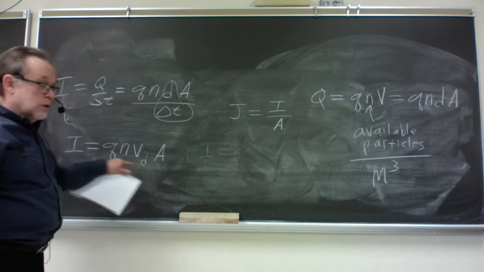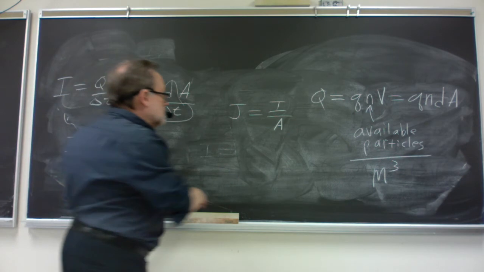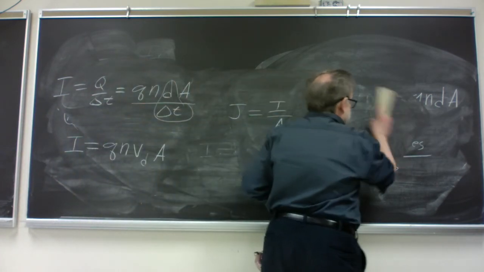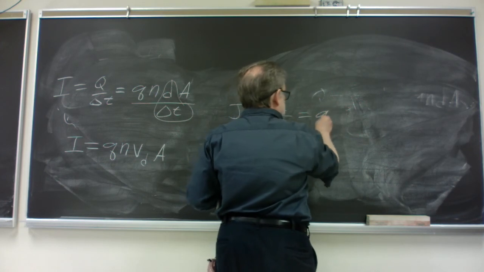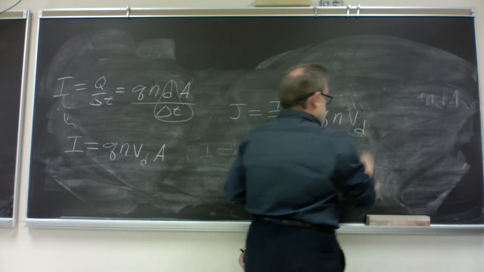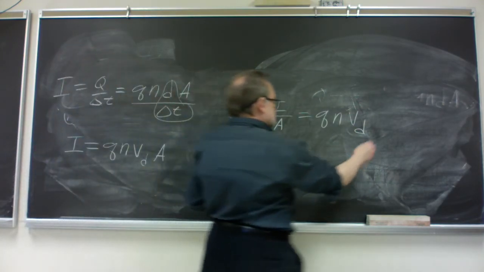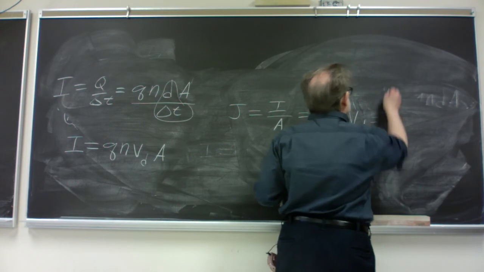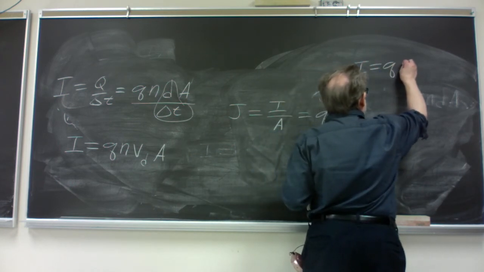So if you divide I by A, what you end up with is simply charge per particle, times density of available particles, times drift velocity. So just write these rules here for handy reference.